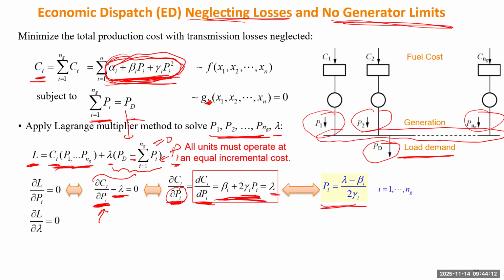This statement is actually pretty reasonable, because if you think about it, all units must operate at equal incremental cost. What does that mean?